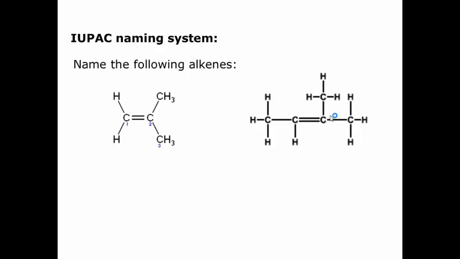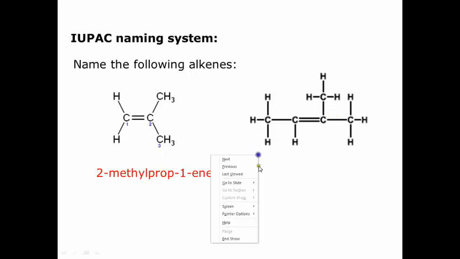So I've got a 3-carbon structure with a methyl branch at carbon 2. So when you're including branches into your structure, the branches are added to the beginning of the name, just like how we are naming alkane structures. So 2-methylprop-1-ene. In the next example, I've got a 4-carbon structure.